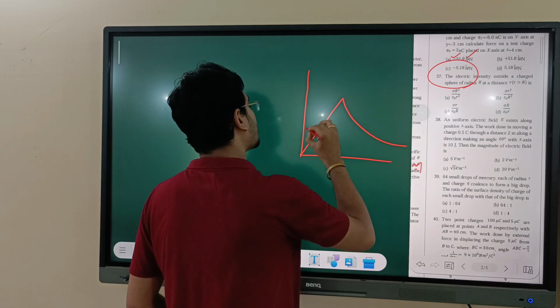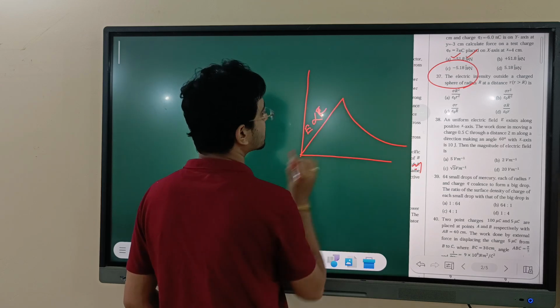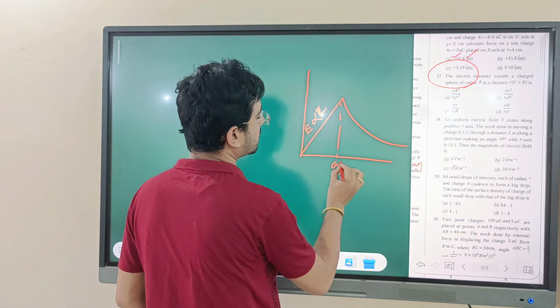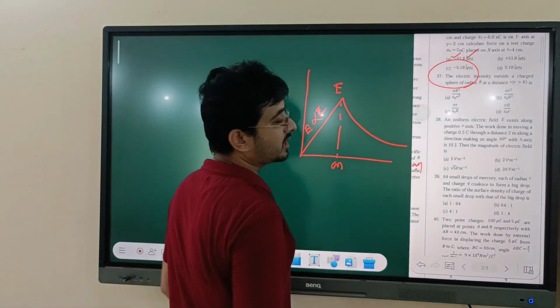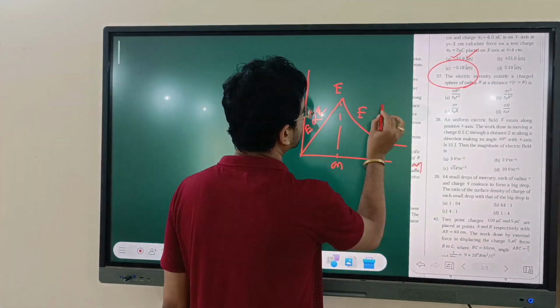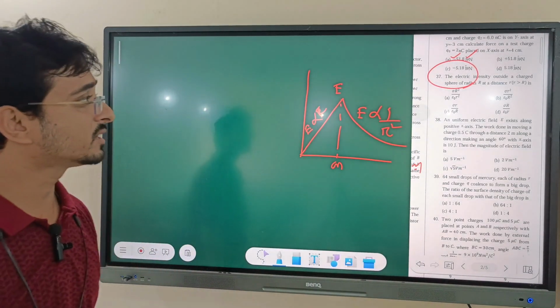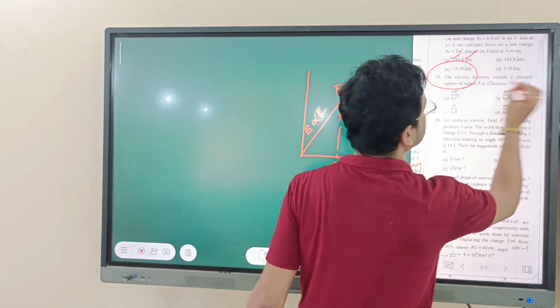Inside the sphere, the electric field is directly proportional to the radius, and on the sphere it will be constant. If we move away from the sphere, the electric field intensity is inversely proportional to r square. This is the graph.